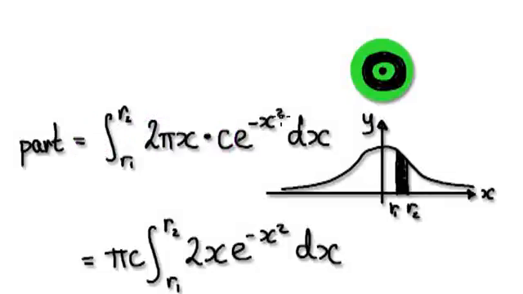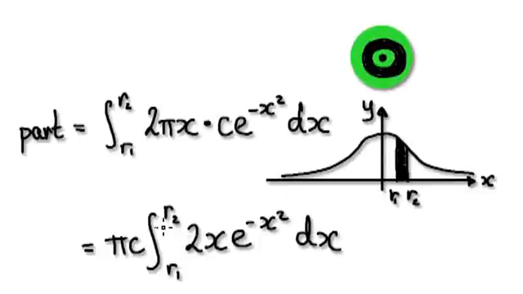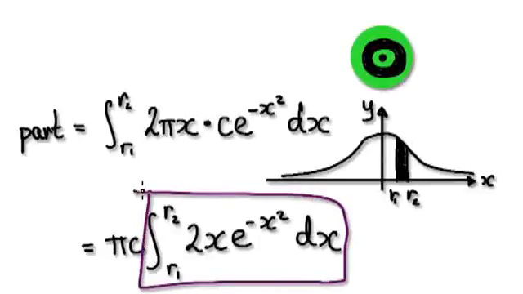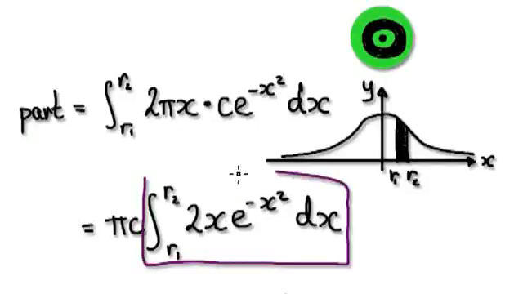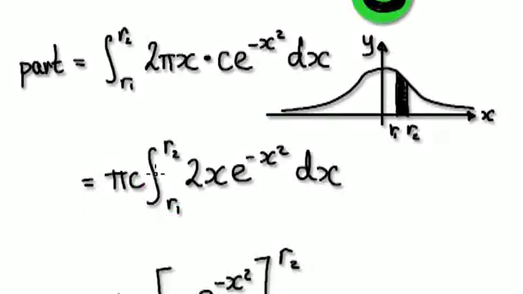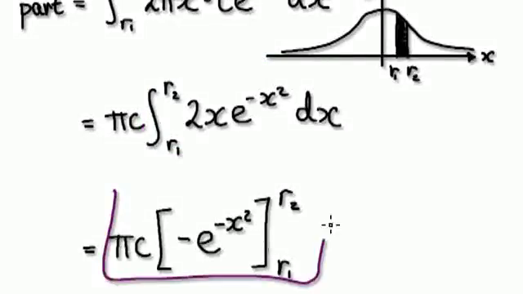But from experience, I know that later I need to integrate it, and there's a 2 here, so I'm going to leave the 2 within here and just take the pi and the c out. Now integrate this. Find the antiderivative of this. That would be this.